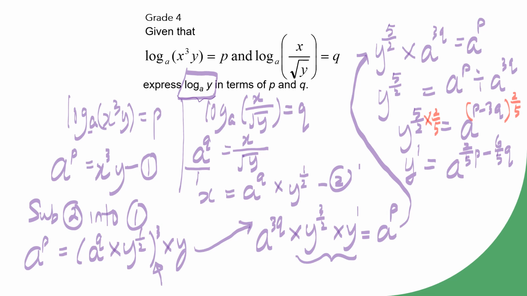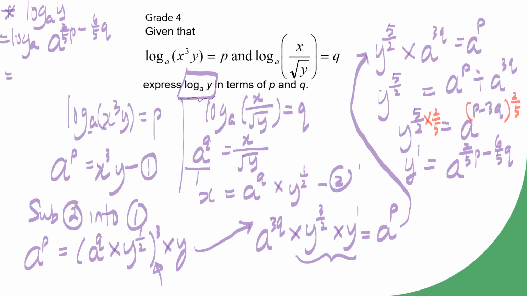Okay? So I'm going to continue from here. Right, so log base a y will be equal to log base a, y is a to the power 2/5 p minus 6 over 5 q. Okay, so what can I do with the power?